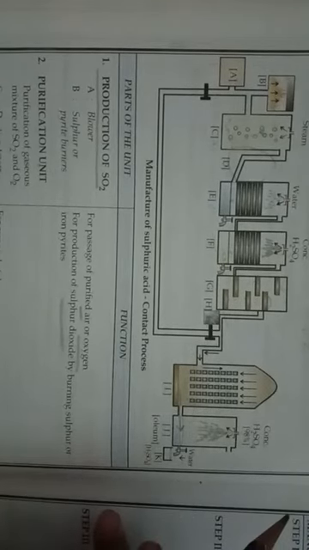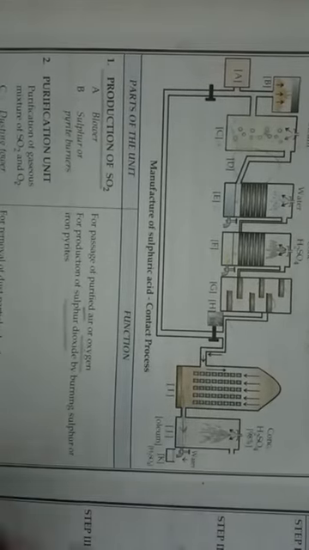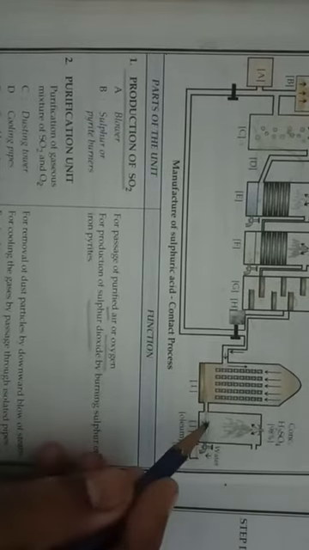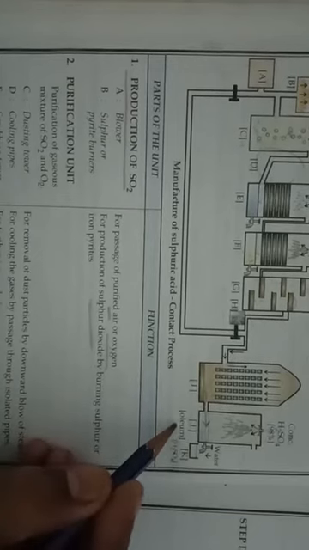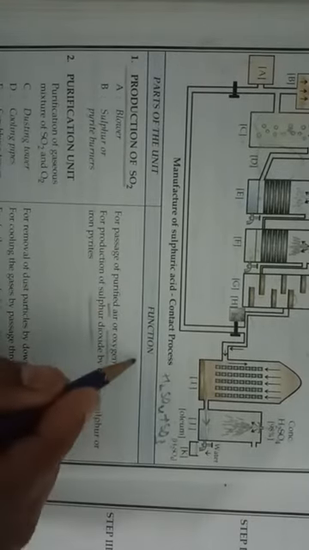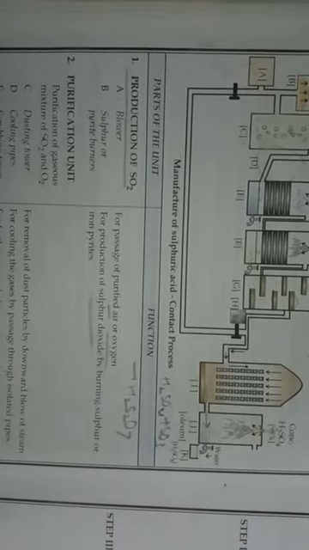So here, when we send this SO3, it is absorbed in the concentrated H2SO4 sprayed from the upper side of the tower, and oleum is formed. That means H2SO4 plus SO3 together form H2S2O7.